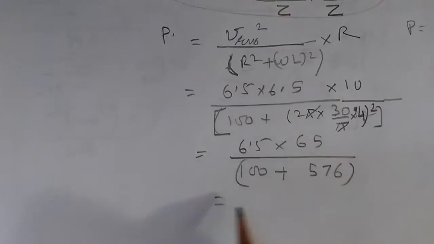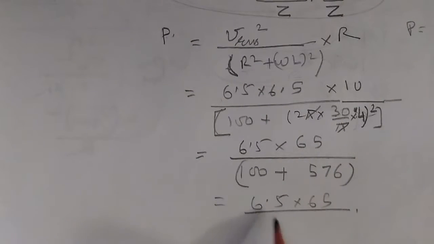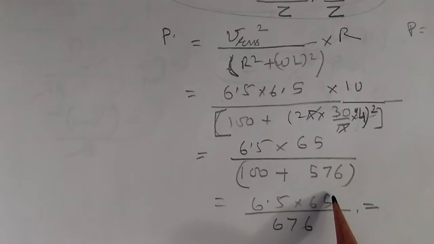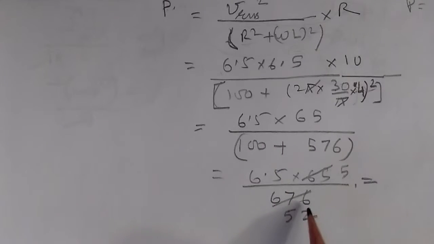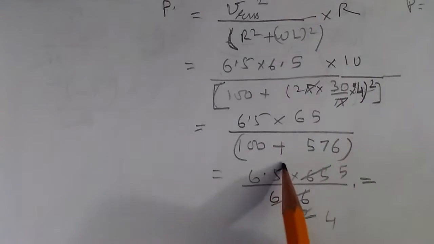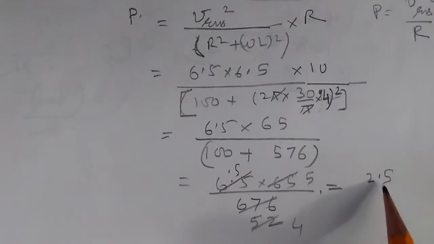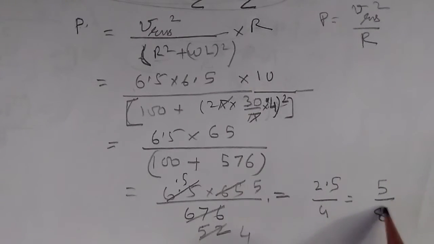This becomes 625 into 65 divided by 676. 676 will go by 13, giving 52, and 65 will go by 13, giving 5. This is 2.5 divided by 4. You can also write it as 5 by 8 watts.